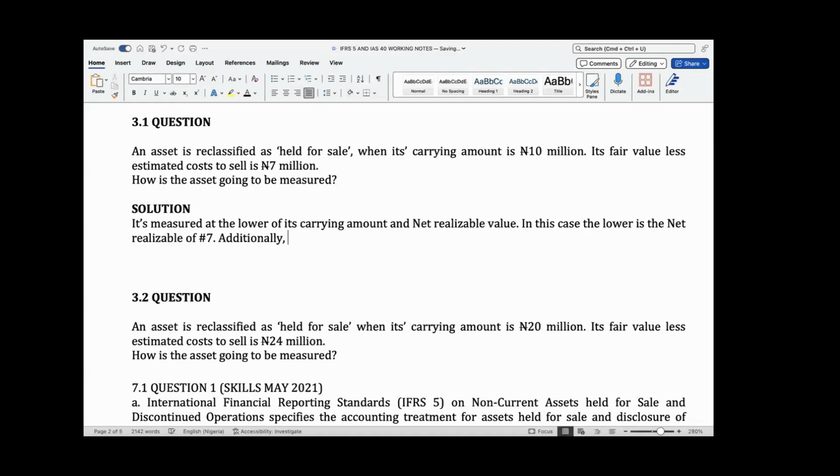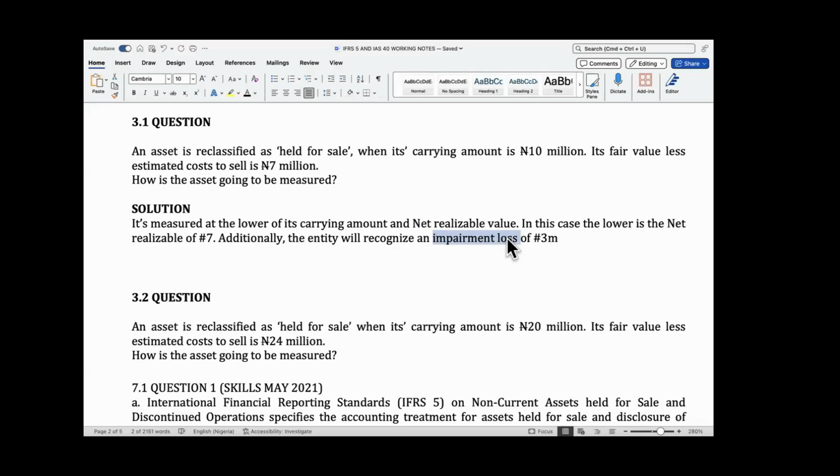Additionally, the entity will recognize an impairment loss of 3 million. I hope you know that if it was the carrying amount that had been lower, this impairment loss will not be necessary, because the carrying amount will have been the book value, and there won't be need for any change in the books.